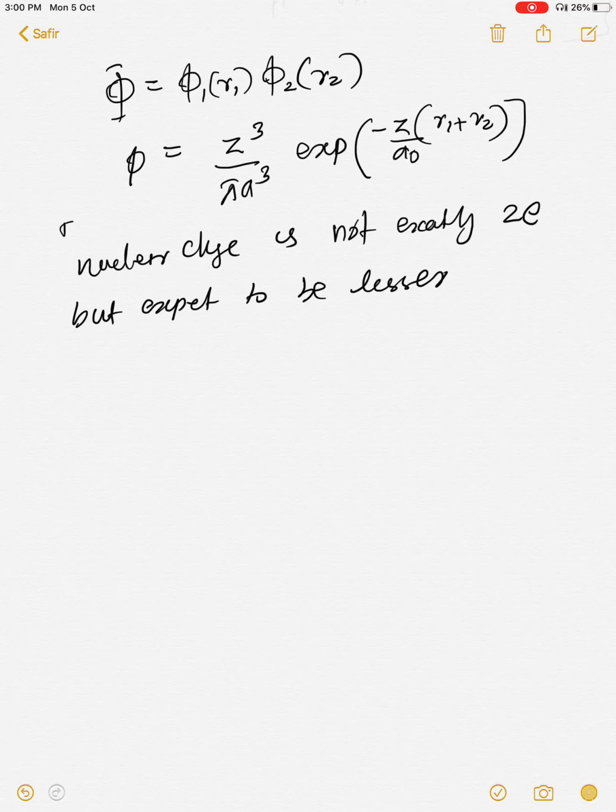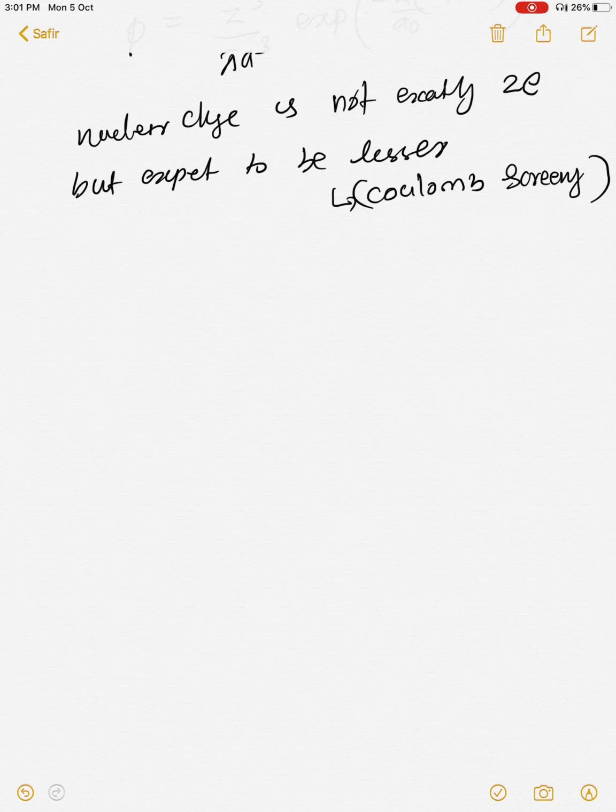This is due to the screening of the electron, and this screening is called Coulomb screening. So there is an effective reduction in atomic number to Z prime, which is taken as the variational parameter in this problem.